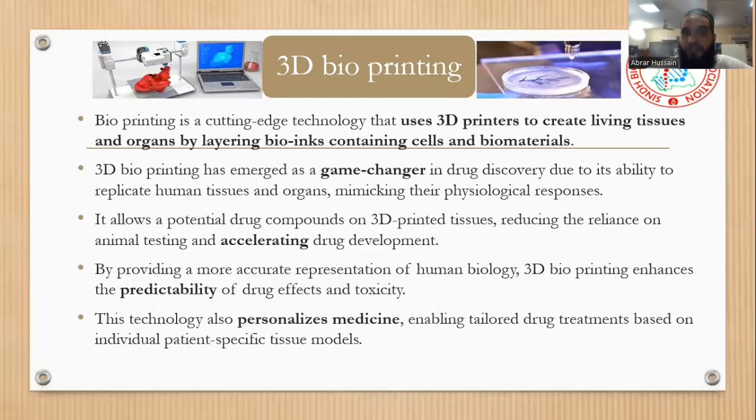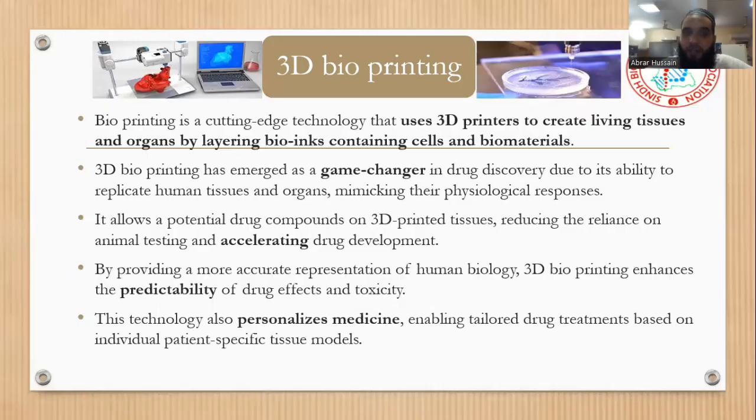This technology is also considered a game changer in drug discovery because of its ability to replicate human tissues and organs. It's important that someone can test their desired compound against tissues or organs, and 3D printing can generate organs which mimic human physiological responses. It also allows testing a potential drug compound on 3D printed tissues, reduces the reliance on animal testing, and accelerates the drug development process.